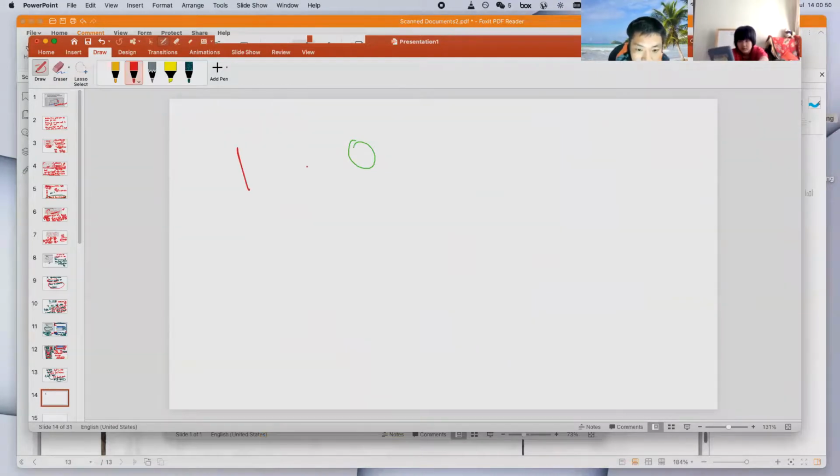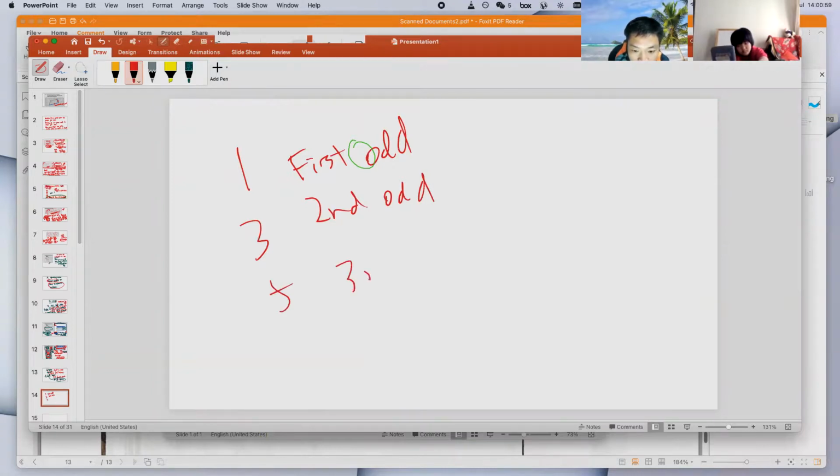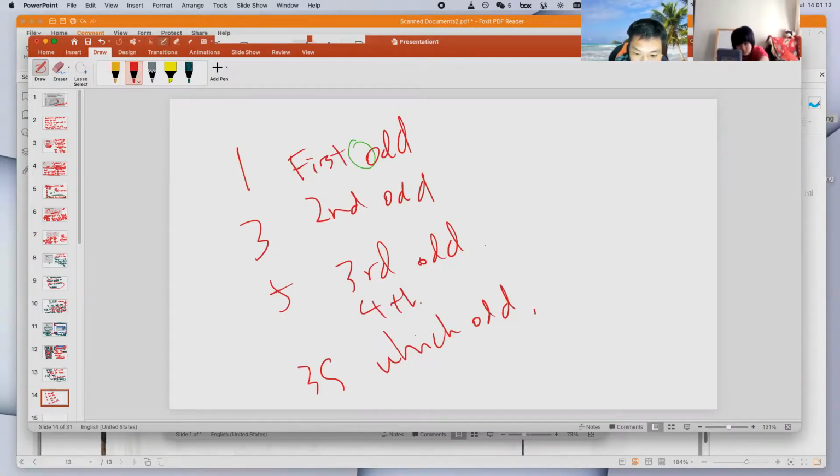1 is the first odd. 3 is the second odd. 5 is the third odd. So 39 is which odd? 4th is 7. So you just count your fingers.